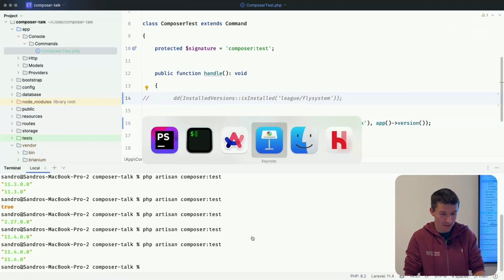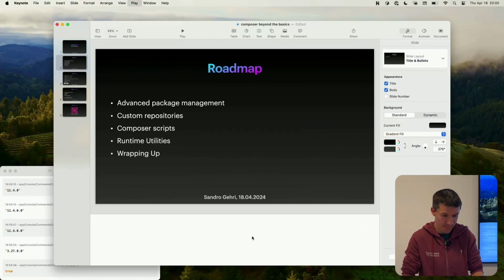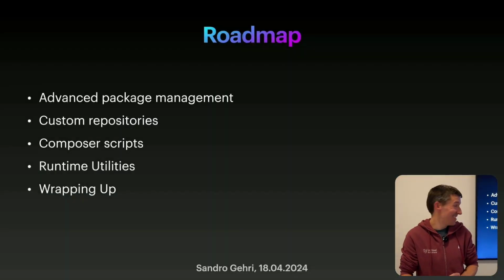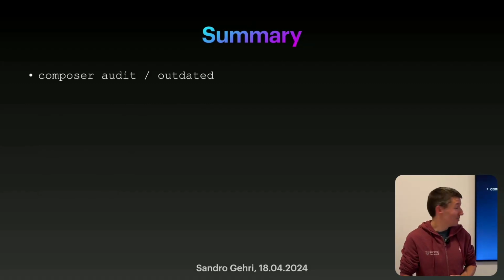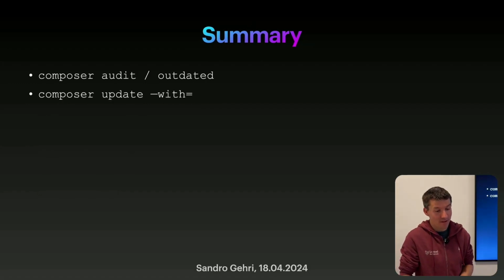So that was a lot. But that's everything I have for you today. A little summary of what we've covered. We started with the Composer audit and the outdated command. Then we ran the Composer update with the --with option to specify exactly which version of a package we want to update to.